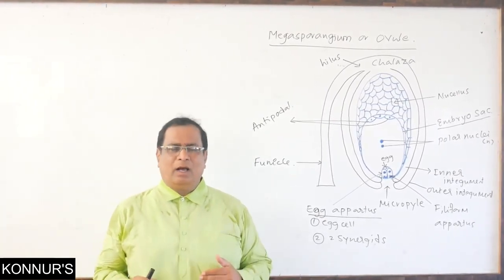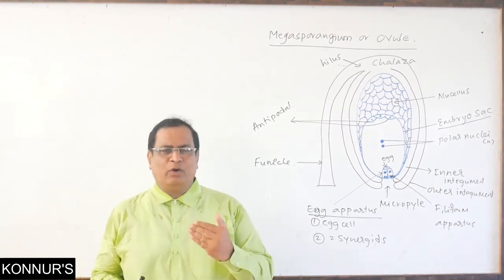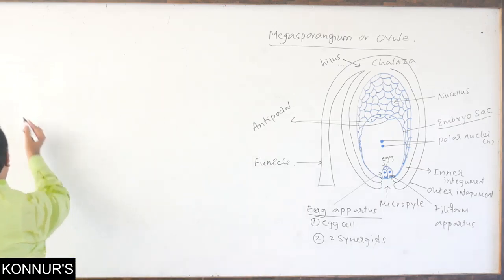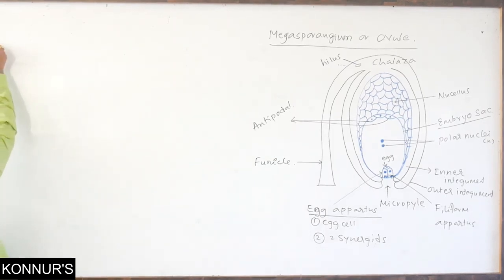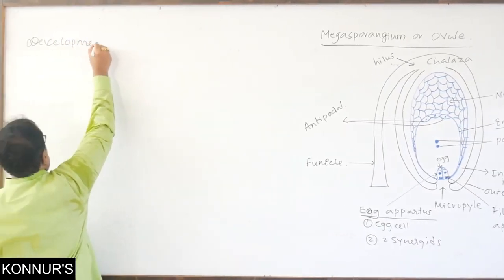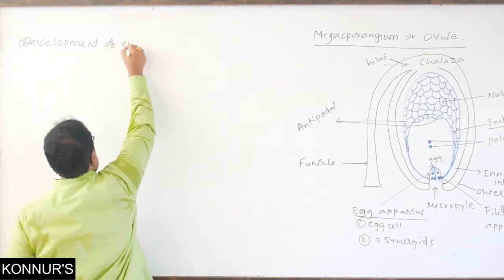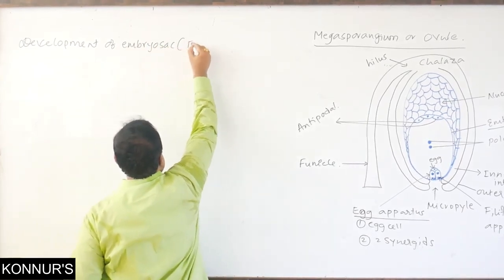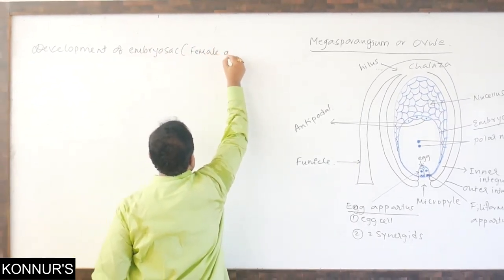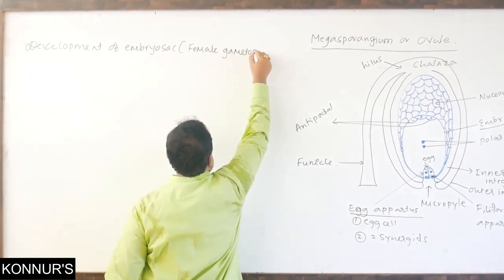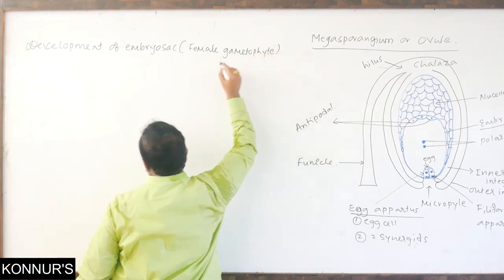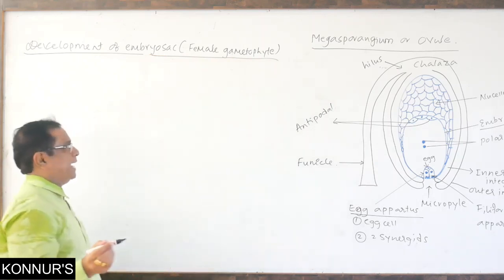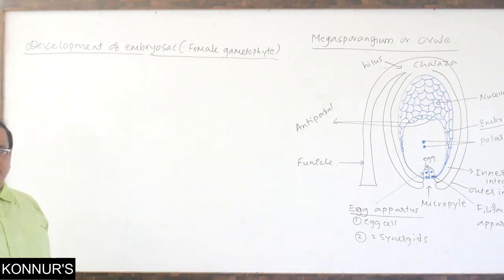Now let us see how this embryo sac or female gametophyte is developed. Development of embryo sac, which is a female gametophyte.